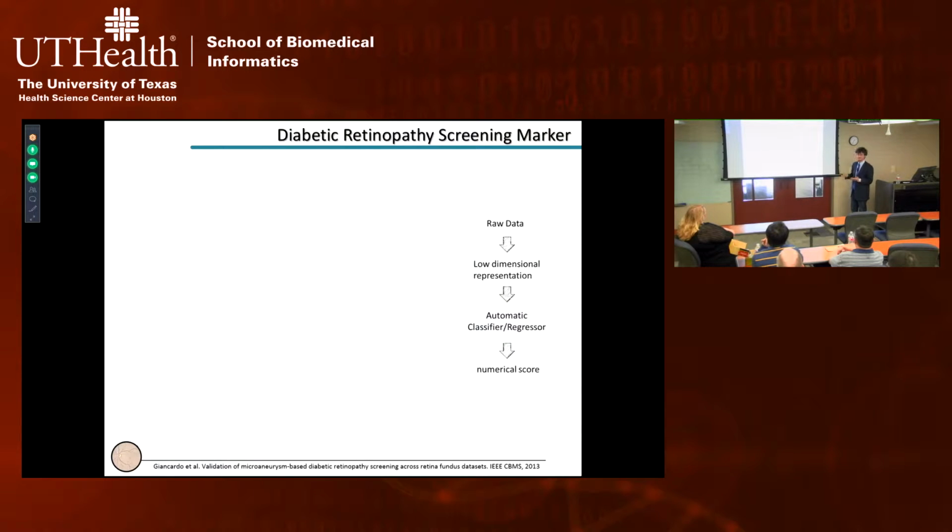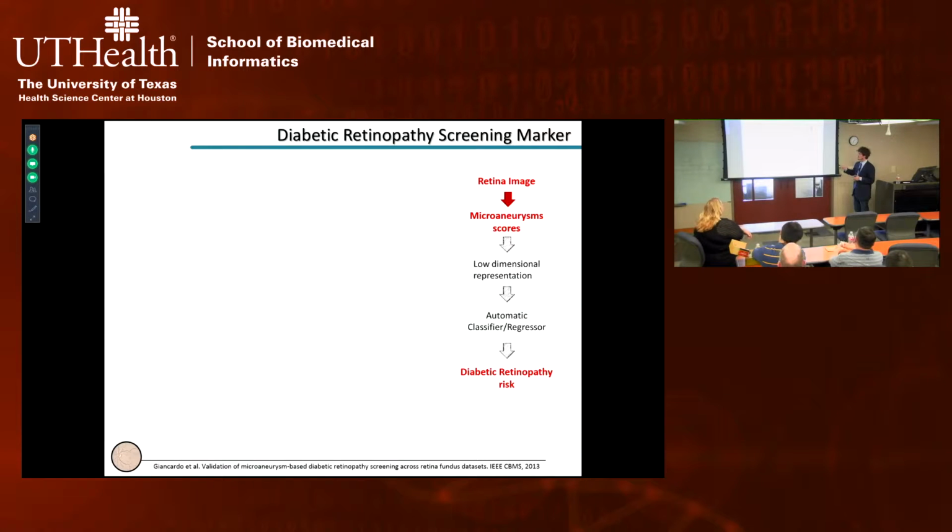This is obviously not the whole story, because this is what we did for the microaneurysm. Our final target is creating a retinopathy screening marker. So taking the same model we had before, we add our retina image and the microaneurysm score we obtained, but then we go again through a low-dimensional representation of this microaneurysm score, and we train classifiers to detect diabetic retinopathy.